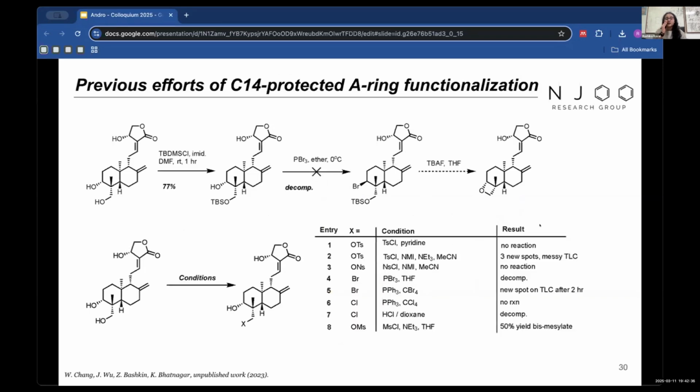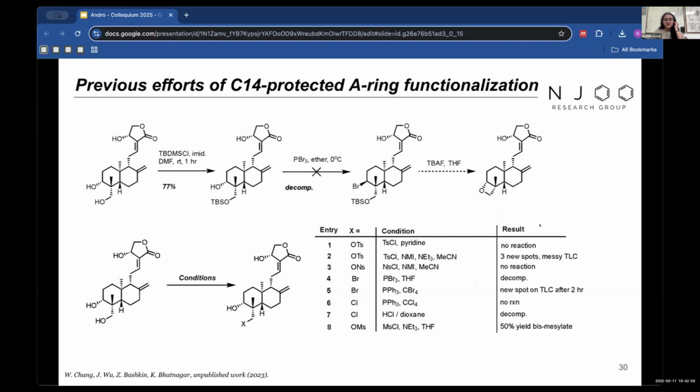Prior to when I and some of our current group members picked up this project, previous group members attempted to synthesize this oxetane on Andrographolide. They attempted using PBr3 after protection at the C19 position using a TBS group, but this reaction led to quick decomposition.